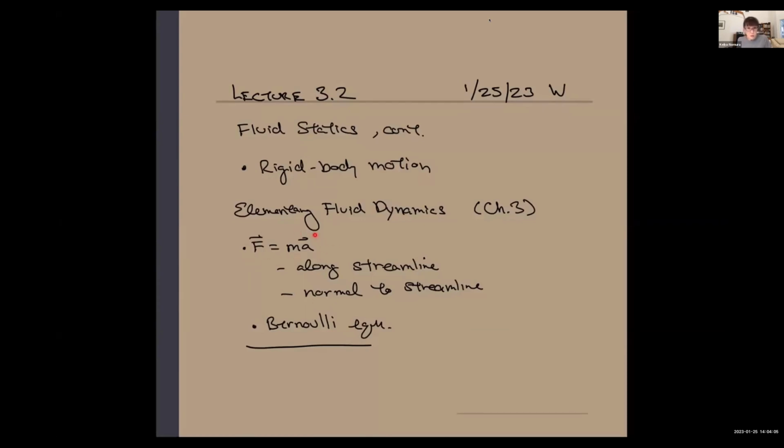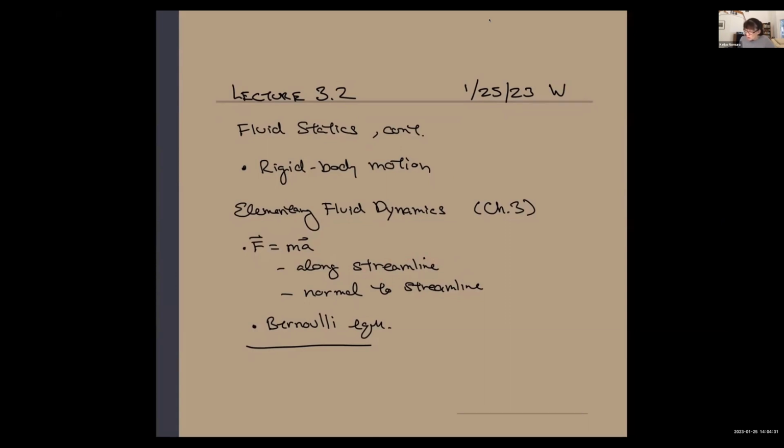with our Newton's second law, but in a special manner, in an ideal manner to simplify the math and the analysis. And so this is referred to as the equations of motion, or F equal MA, in streamline coordinates. And so I'm going to define what that is.